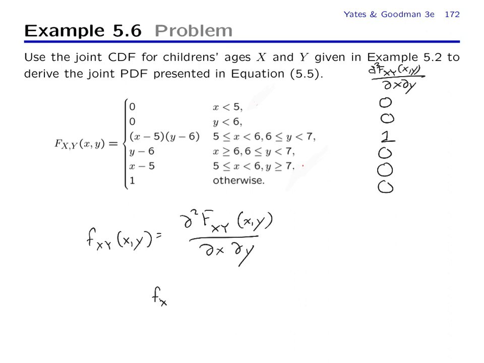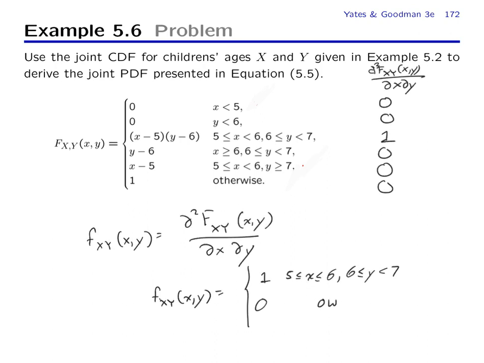We get that here we have x and y, and the answer is going to be equal to 1 for x between 5 and 6, and y between 6 and 7, and 0 otherwise.